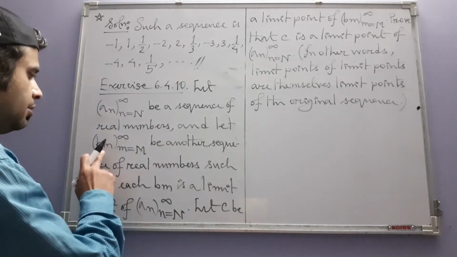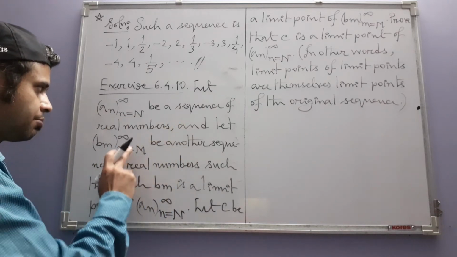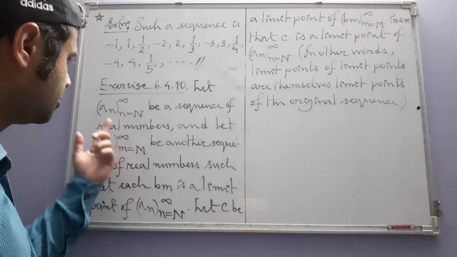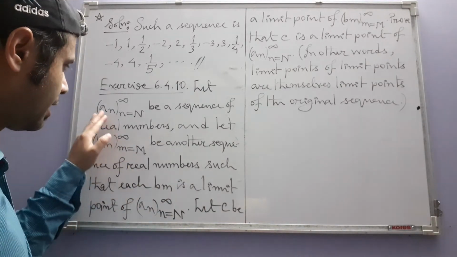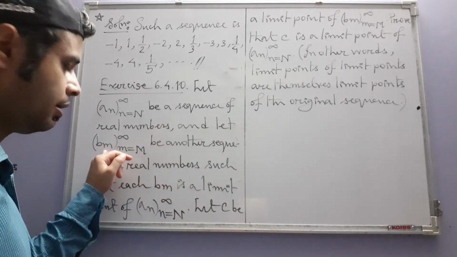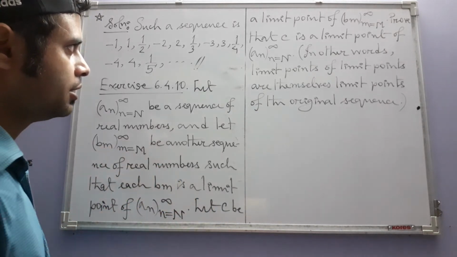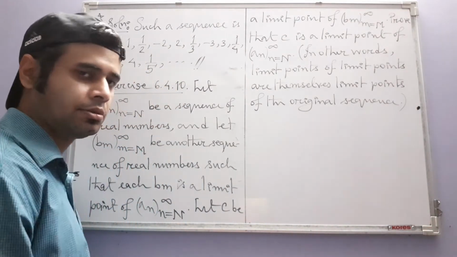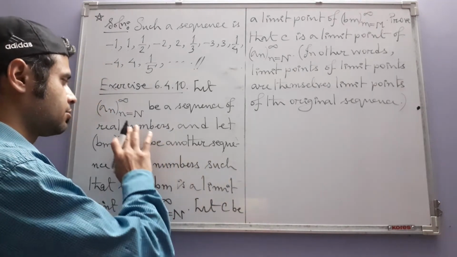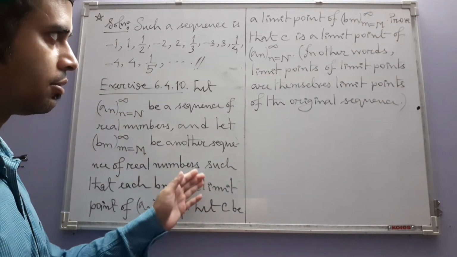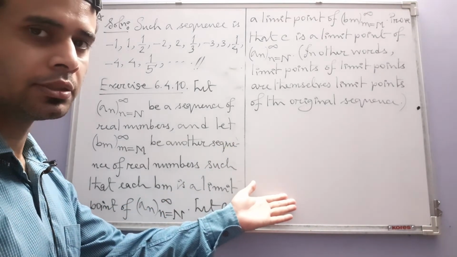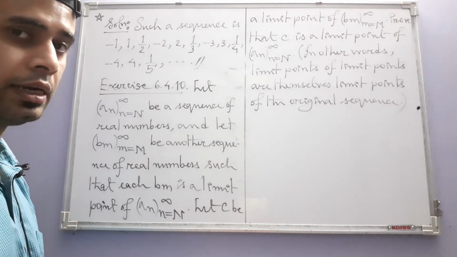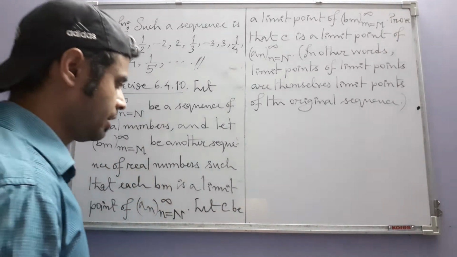No, it is given that each Bm is a limit point of the first sequence, not that this sequence has all the limit points of this sequence. That is not given. Had that been the case, C would have been an element here. But anyway, if you collect limit points and then find a limit point of those limit points, then that itself is also a limit point of the original sequence. So taking limit points of limit points, we don't get any new kind of point. We get a limit point back of the original sequence. So that's what we have to show.